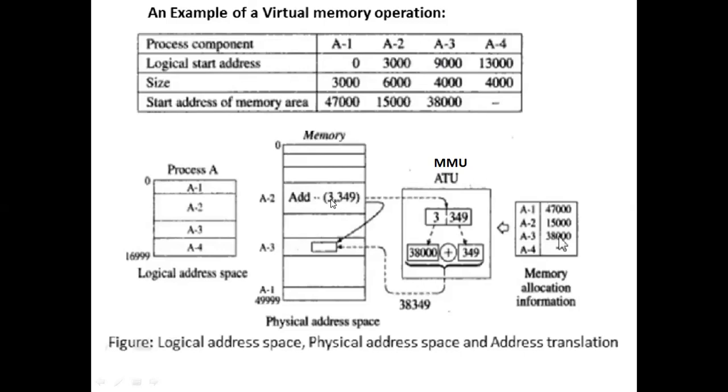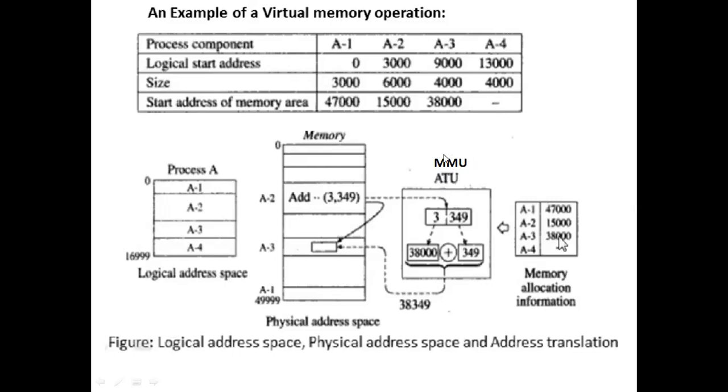Suppose I want to access the address 3349. Here the 3 refers to the page number, and the 349, the lower order digits, represents the offset. What does this MMU or ATU do? ATU stands for address translation unit; it is as good as the MMU, so you can call it a memory management unit or address translation unit.